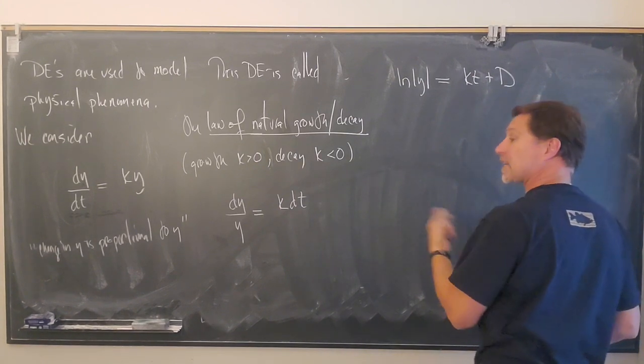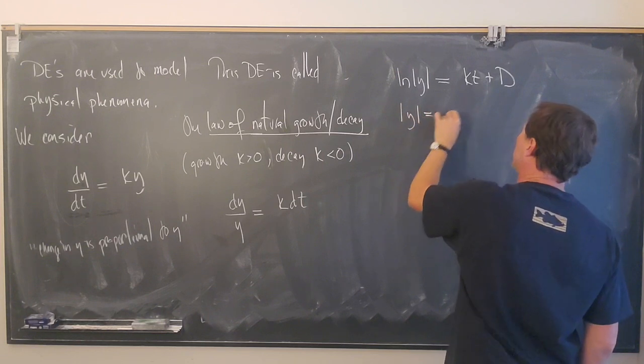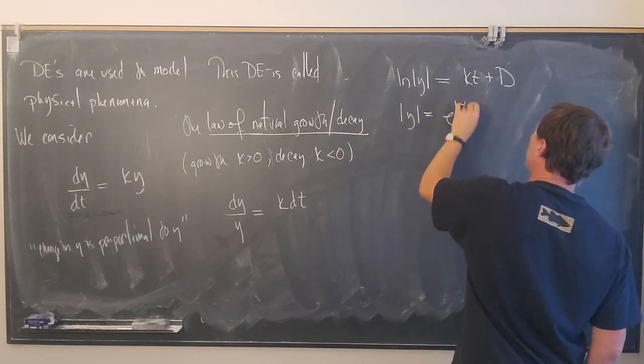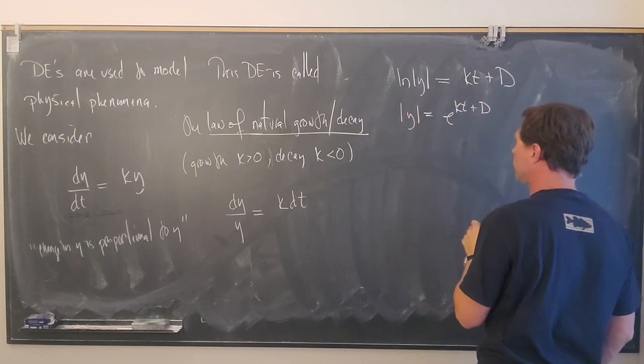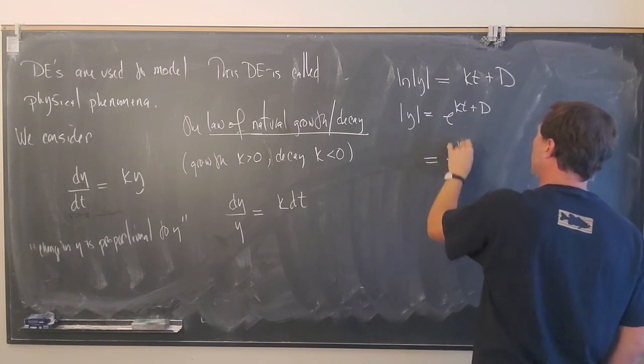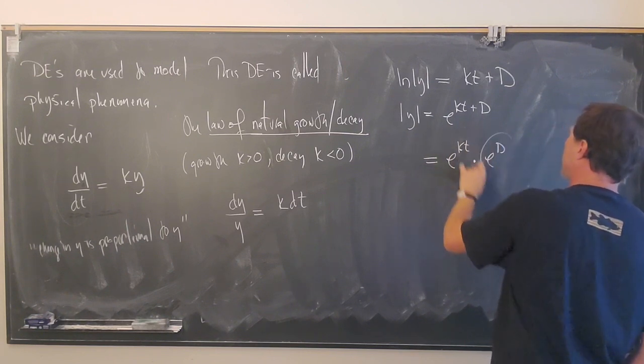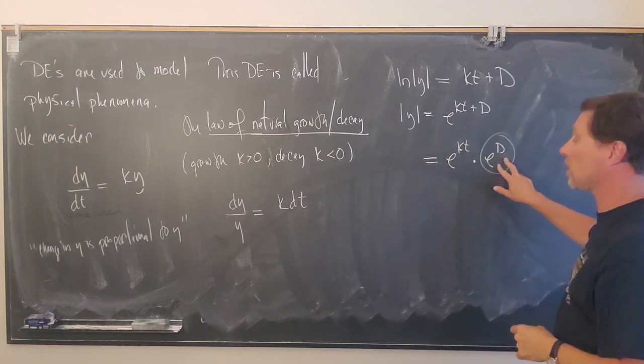And then if we exponentiate both sides, what we get is absolute value of y is equal to e to the kt plus d. Using a rule of exponents, we can write this as e to the kt times e to the d. And then what we do is we notice that e to the d is a constant.